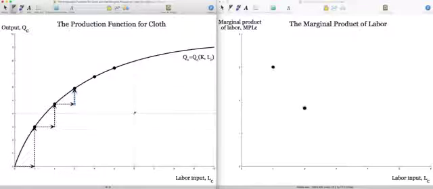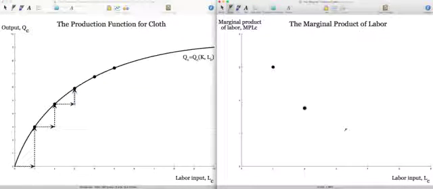So that gives us an incremental increase of 1.15. So I've gone from 4.75 to 5.9. So the marginal product of labor for the third worker is going to be equal to 1.15. And let me put that point in roughly there.